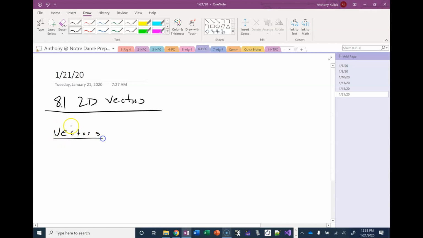Okay, so we're going to start with a bunch of vocab and notation here. The first thing we're going to do is define a vector.